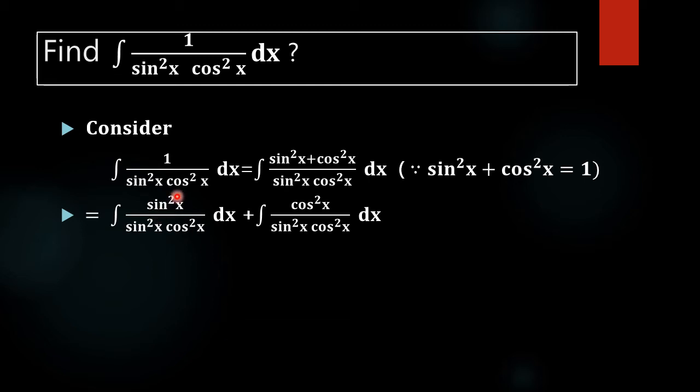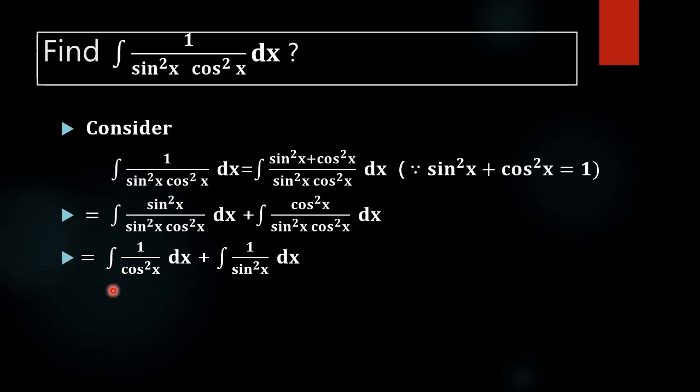Now we can see that sin square is common in the numerator and denominator, and they cancel each other. Similarly, we can cancel the cos square x here, and the remaining terms are the integral of 1 by cos square x dx plus the integral of 1 by sin square x dx.